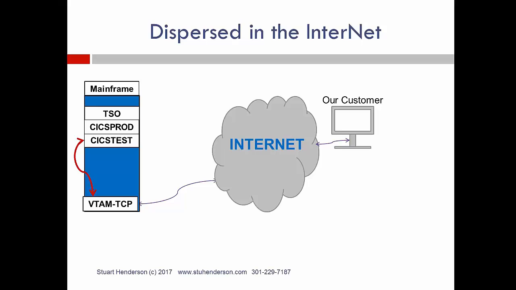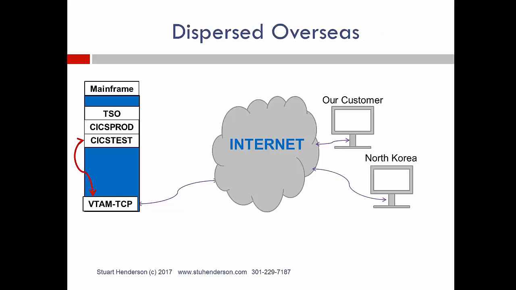Because of course we have our customers, maybe we're doing online banking or internet commerce of one kind or another, so they're talking to the Internet, but we also, because of the flexibility of the Internet, have the risk that people in other countries are also trying to connect to our mainframe, and again, we don't have management controls over all the people in all the other countries.